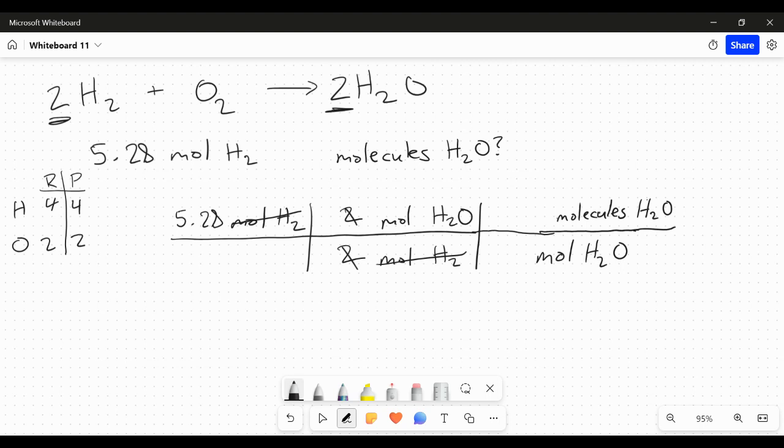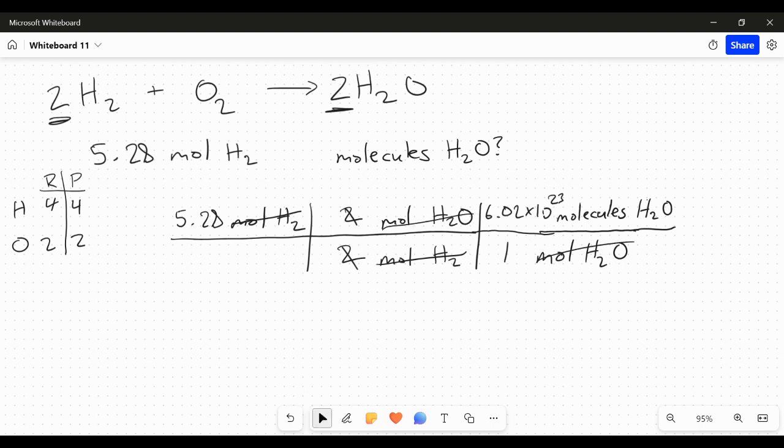Now, I have to convert from moles to molecules. Remember, the relationship between moles and molecules is 1 mole is 6.02 times 10 to the 23rd molecules. Let's make it a little bit easier to read. Cancel out my units.